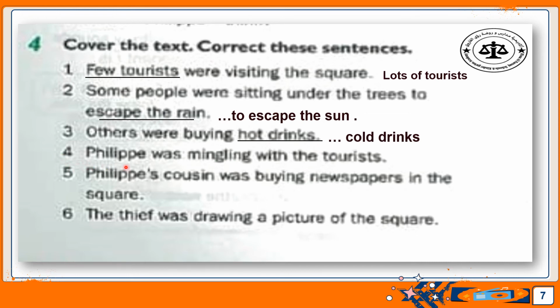Number 4. Philip was mingling with the tourists. Was Philip mingling with the tourists? No, he was, excellent, the thief. Number 5. Philip's cousin was buying newspapers in the square.